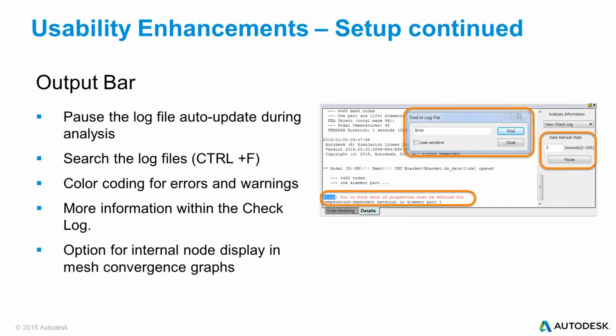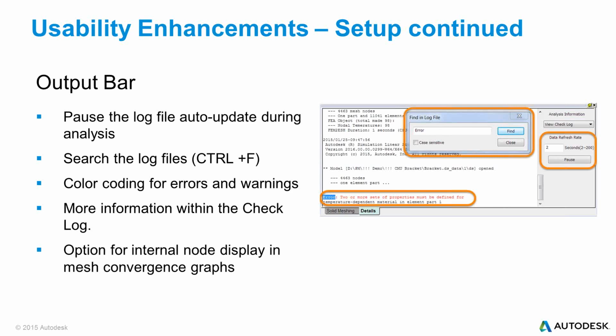Log files shown in the output bar have also been enhanced. We added color coding, which means if there's an error message in the log file, the line that has the error message will appear in red, and if there's a warning message, the line that has the warning message will appear in yellow, which makes them much easier to locate.